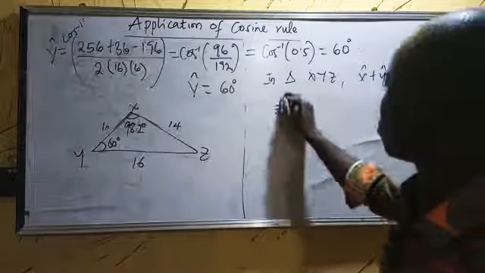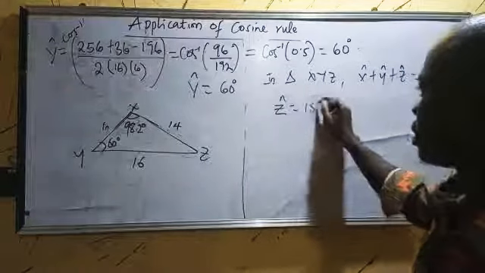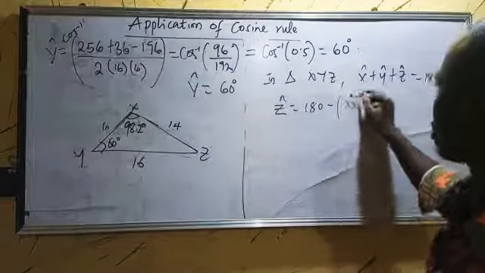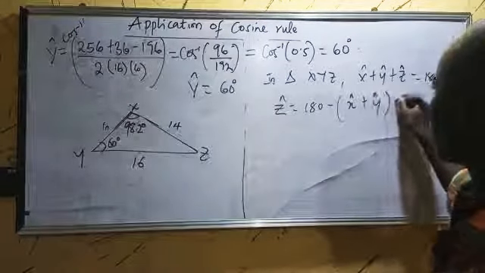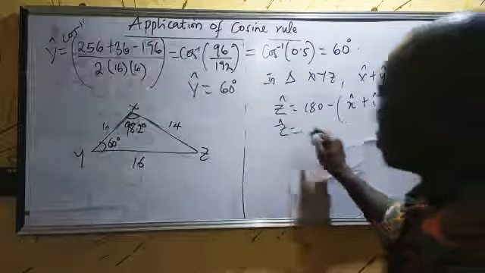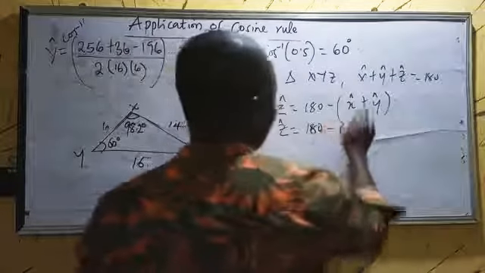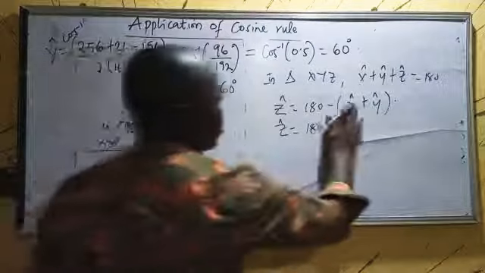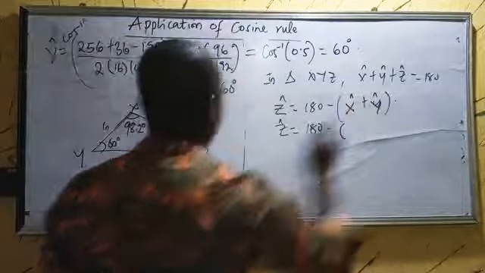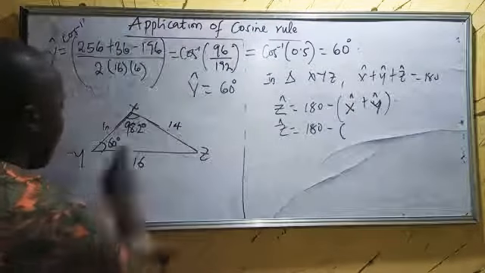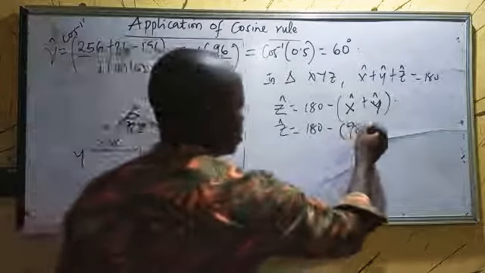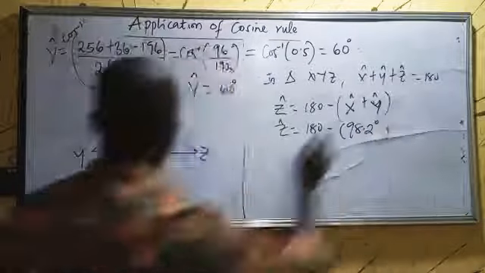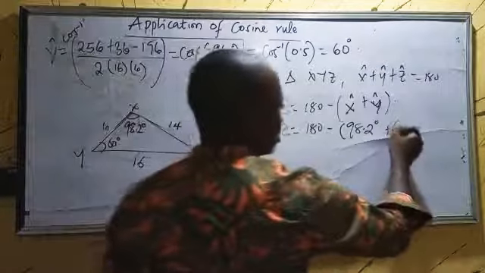So z will be actually 180 minus x plus y here. So our z will be 180 minus, what is my x? I have my x to be 98.2 degrees, and I have my y to be 60 degrees.